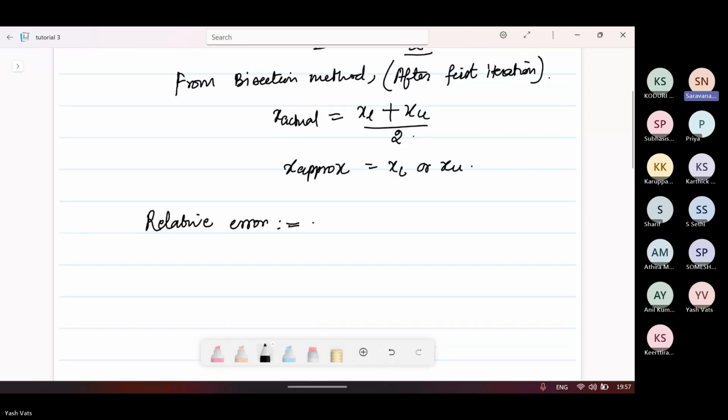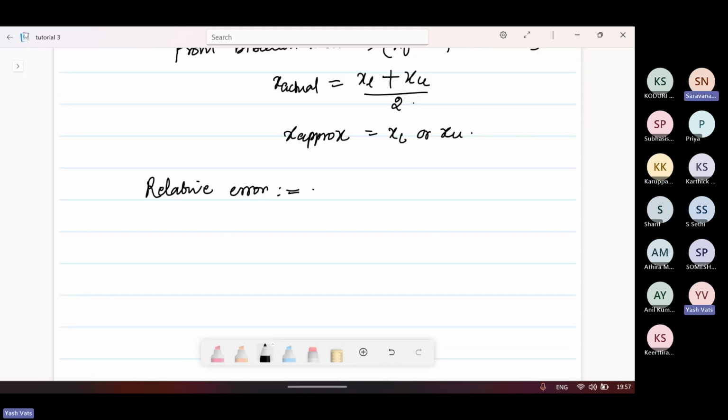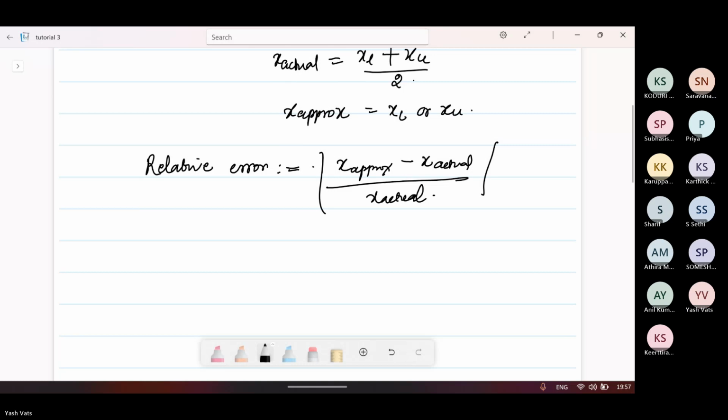Approximate minus actual divided by actual. Yeah. So what is the value? Can you tell me? So what is xu minus xl, or xu? You can take anything.